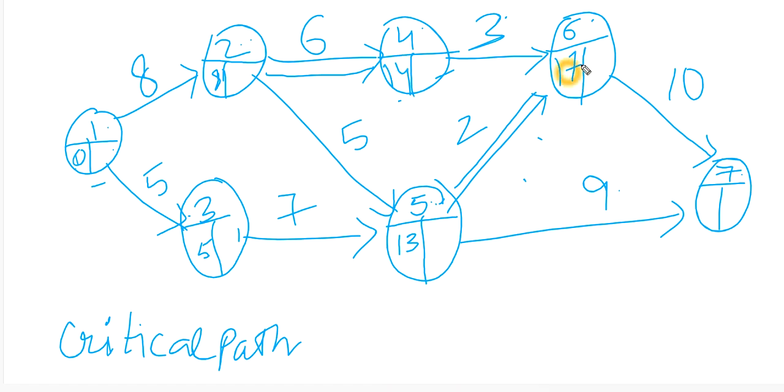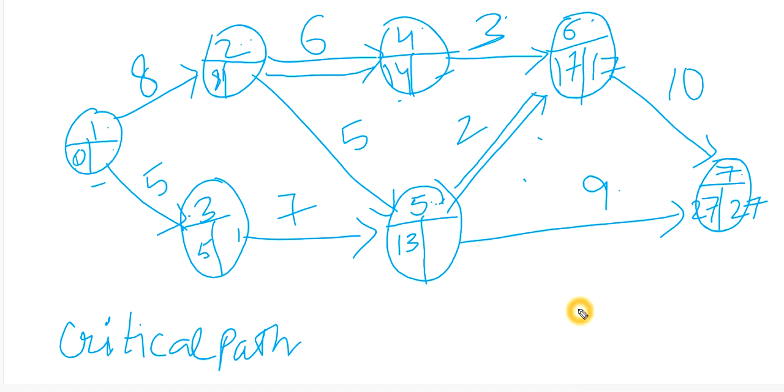17 plus 10, 27, and 13 plus 9, 22. So I'm going to take 27. So 27 minus 10 is 17. So here 17 minus 2 is 15, and 27 minus 9 is 18. So again I'm going to take the smaller one.